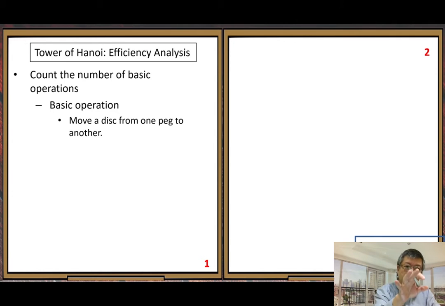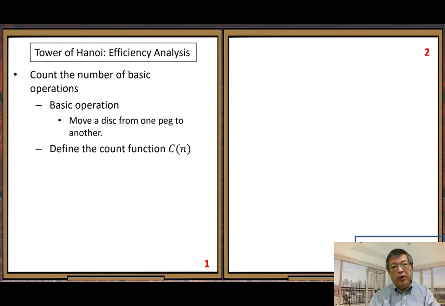Move a disk from one peg to another one. That's the basic operation, one move. So here we define the count function C of n. To move n disks from the first peg to the last peg, we need C of n moves.